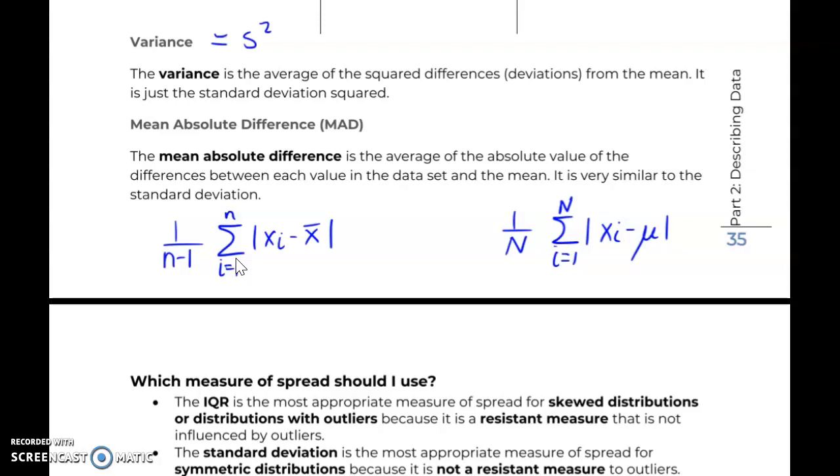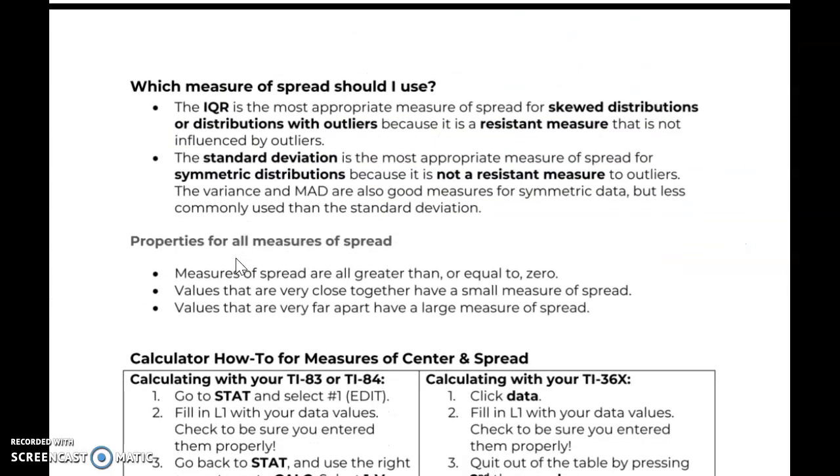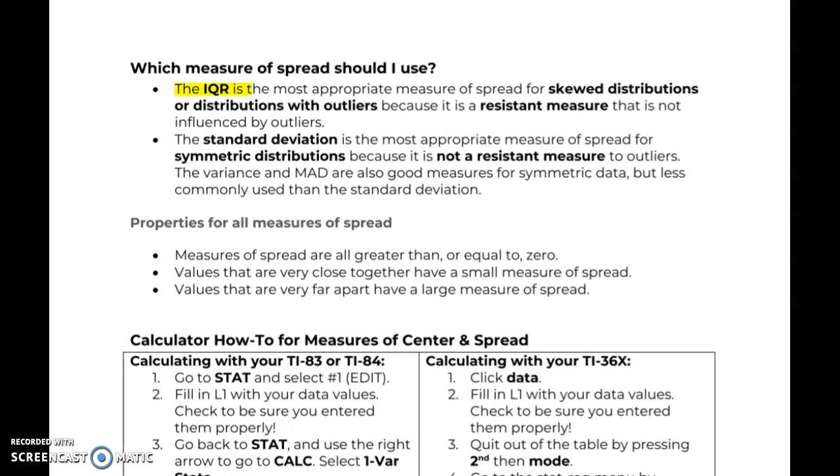So the important question is, which measure of center should I use, right? For what kind of data? So the IQR is the most appropriate measure for skewed distributions. So over here is what we want to use for skewed distribution or distributions with outliers. This is because they ignore those outliers, and we call it a resistant measure of variation over here.